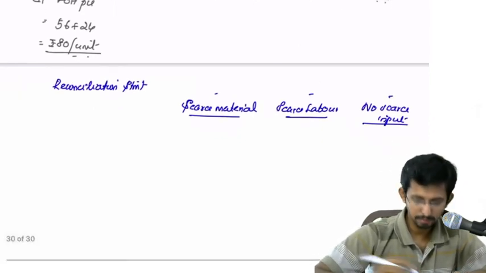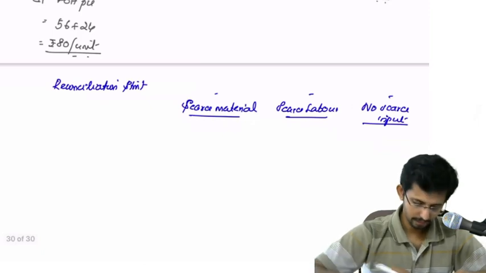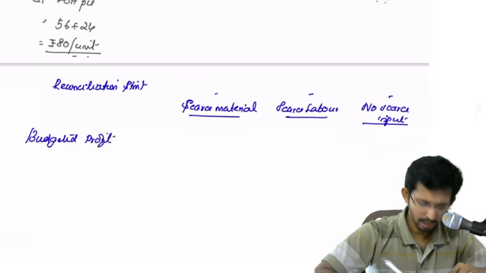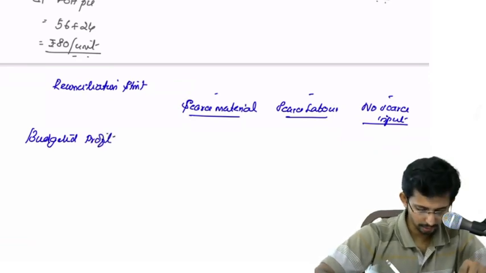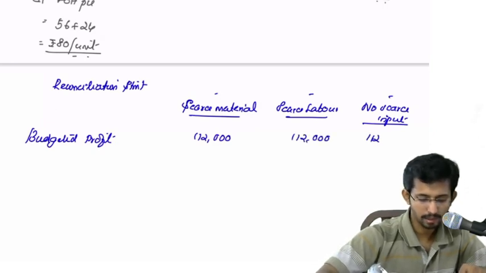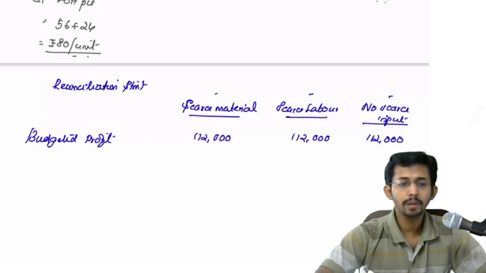Okay, you start with budgeted profit. We have already computed that, it is 112,000. Now what do you have to do?